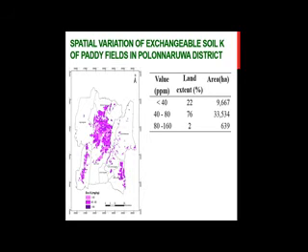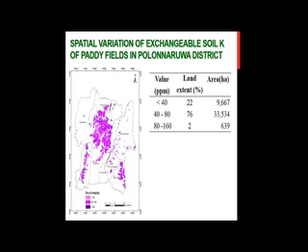Then the spatial variation of exchangeable soil potassium. When we see this table, 100% of the land extent is less than 160 ppm potassium.